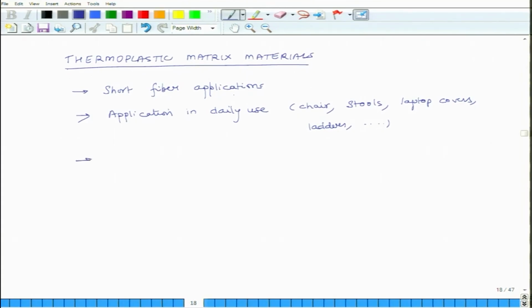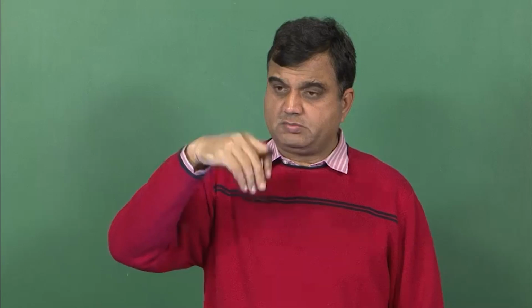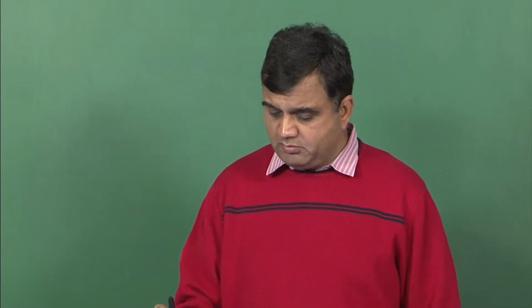These materials, even without fibers, the way you make these types of regular daily use product is in general through a method known as injection molding. Suppose you want to make a glass, a plastic glass. You make a mold.